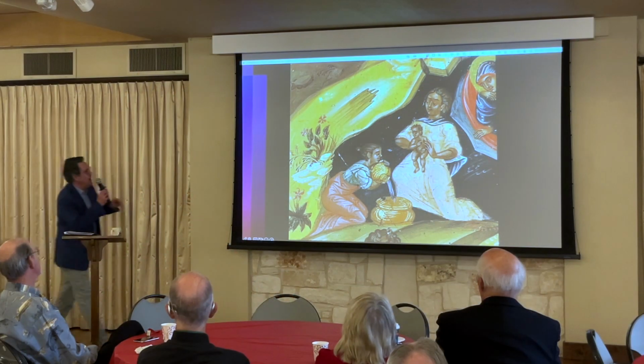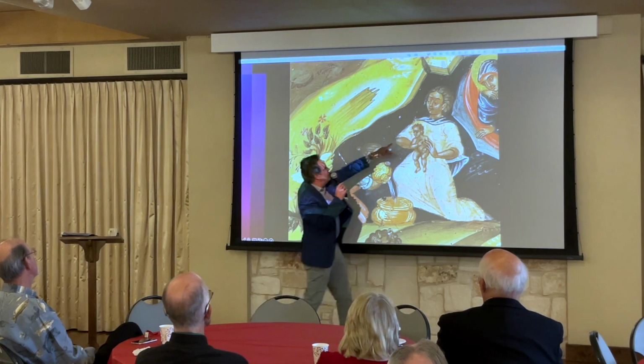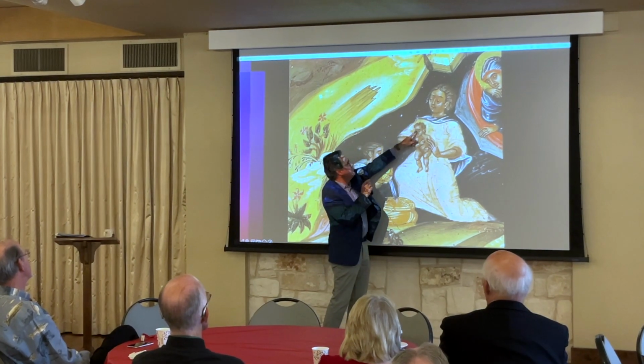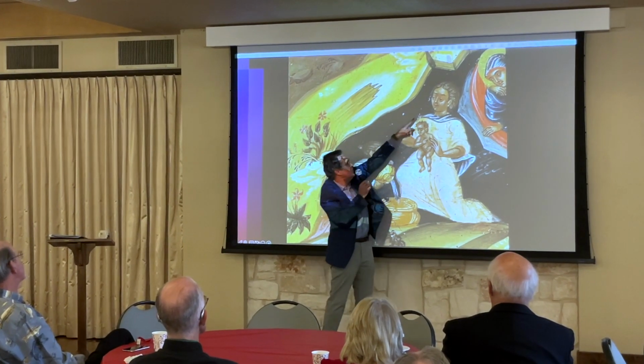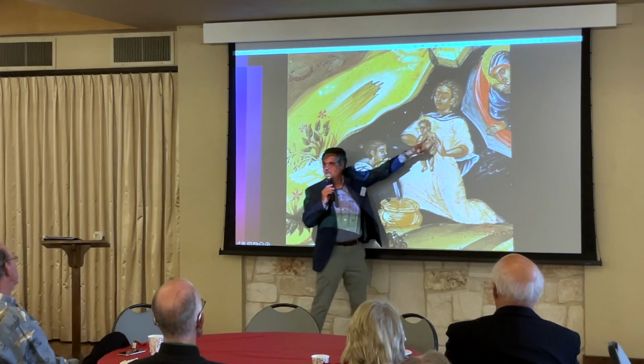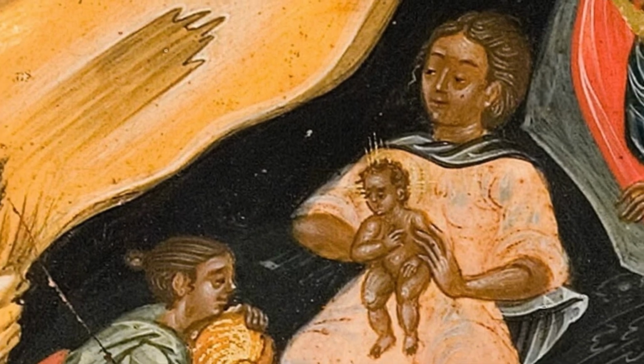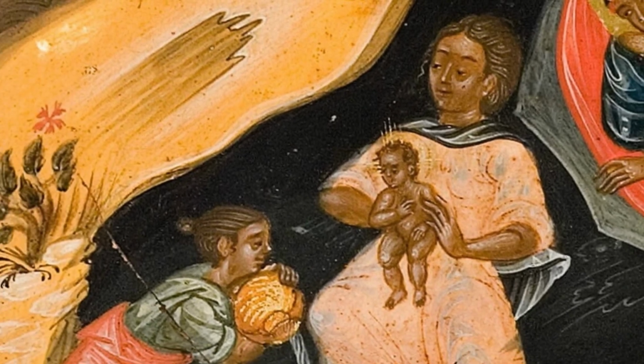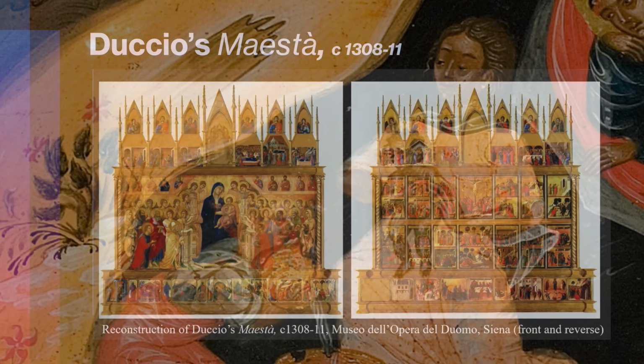Oh yeah, the halo on here. It's hard to tell, but the halo is a little different. Does it remind you of anything? A cross, yeah. So you have this foreshadowing in the birth narrative of how the story will unfold.